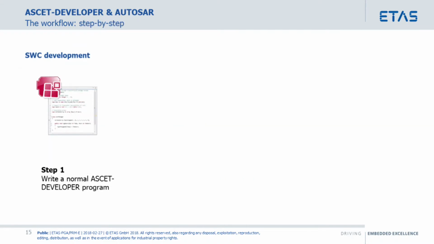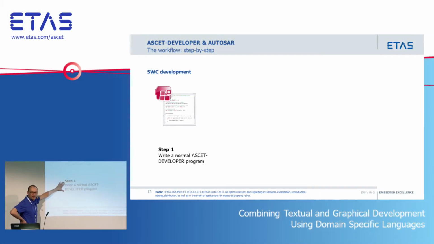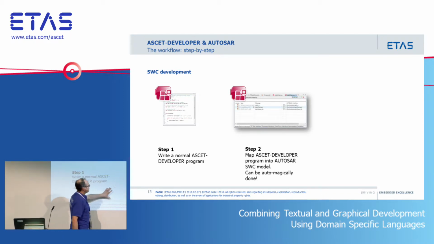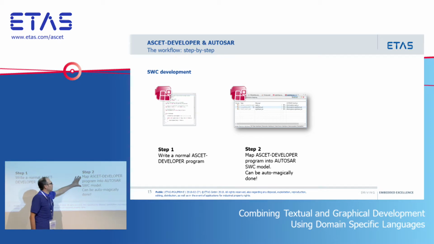Okay, so in terms of the simplified process, we're just going to write a normal ASCII program, and do that really, really simply. We're then going to map that into an AUTOSAR software component model, and we're actually going to see how we can do that automagically. We're going to build this and generate this.